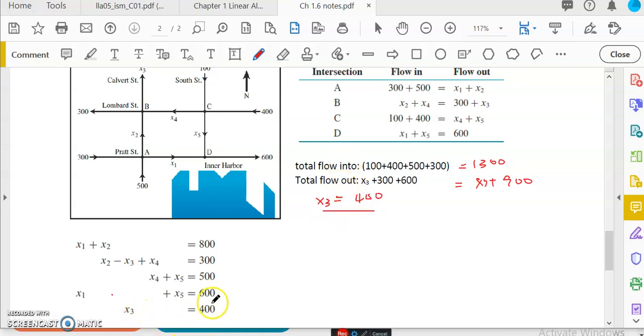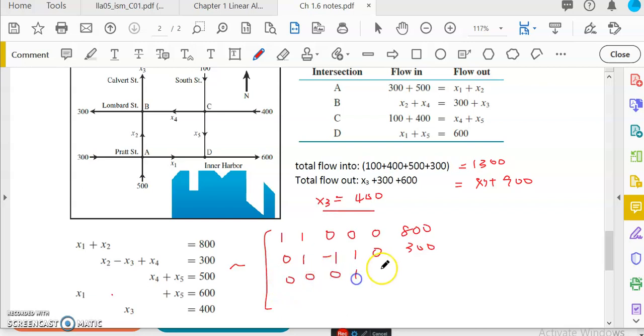x3 is 400. So if you do this, then it becomes an augmented matrix. We have 5 unknowns, right? The first row is 1, 1, 0, 0, 0, 800. Then 0, 1, negative 1, 1, 0, 300. Another one would be 0, 0, 0, 1, 1, 500. And then the next one would be 1, 0, 0, 0, 1, 600.